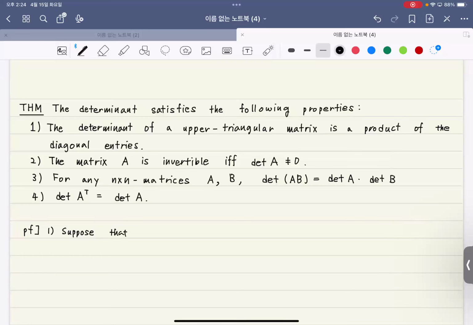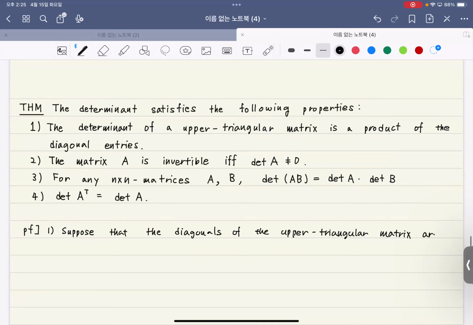Suppose that the diagonals of the upper triangular matrix are non-zero. We are going to consider this case first.